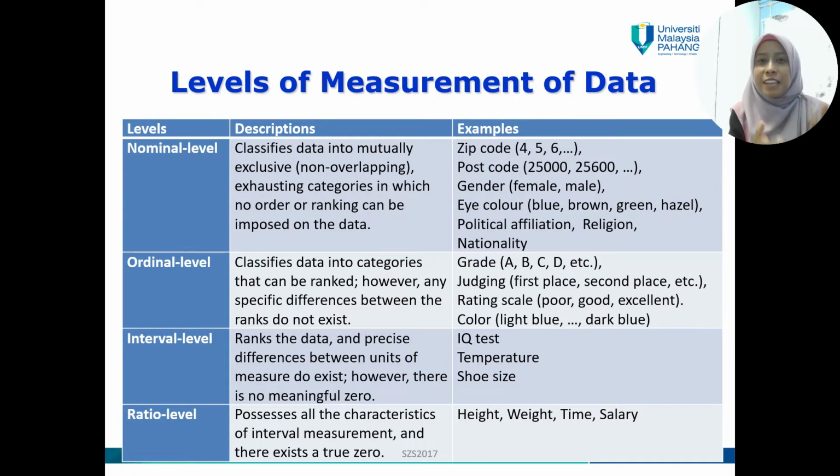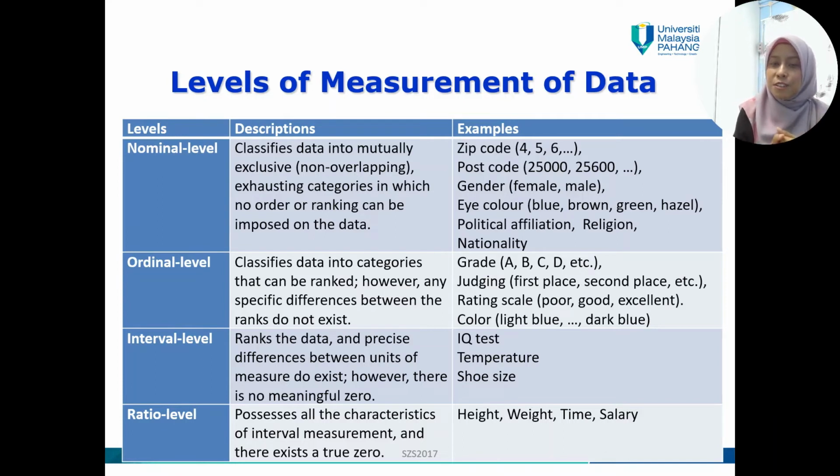Maybe that person gets 0 because the test is not suitable for that person. Maybe it is for someone older. You give a younger kid an older person's IQ test, so that's why that kid couldn't score at all. So in this case, 0 in an IQ test does not mean a person has no intellectual ability, because everyone has intellectual ability. So that's why this is not a meaningful 0.